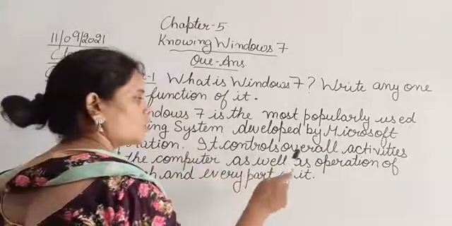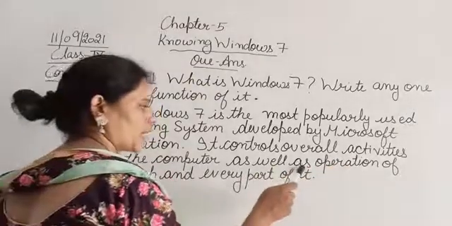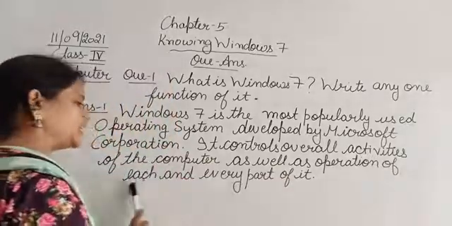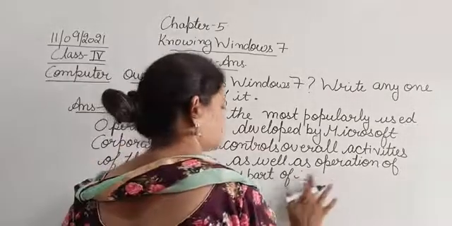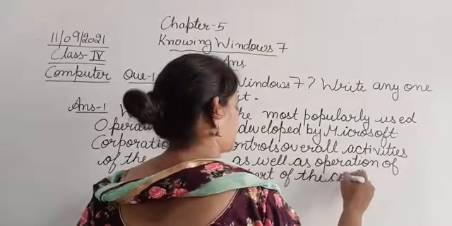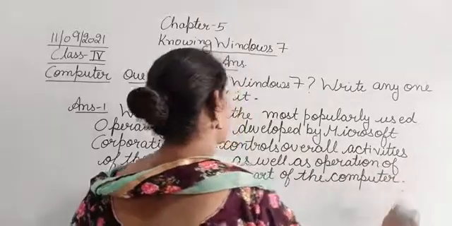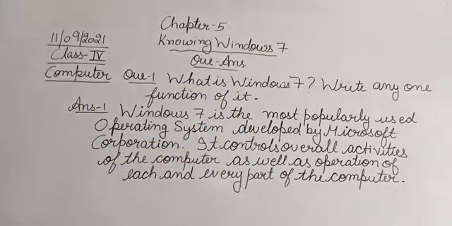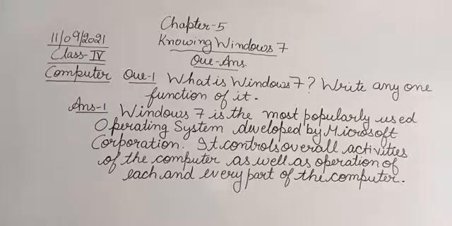It controls overall activities of the computer as well as operation of each and every part of the computer. This is the function of Windows 7. So you can pause it here and note it down in your notebooks.